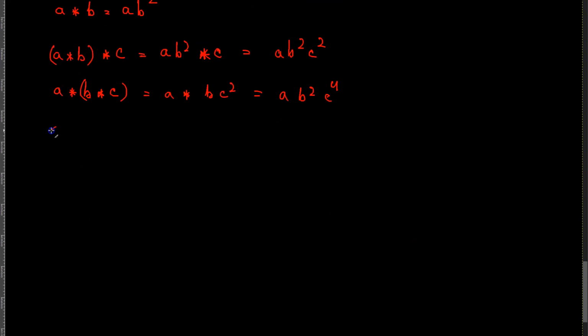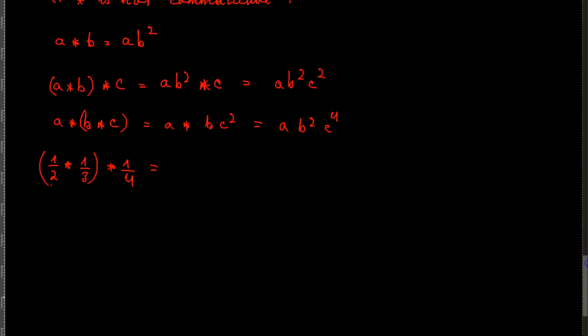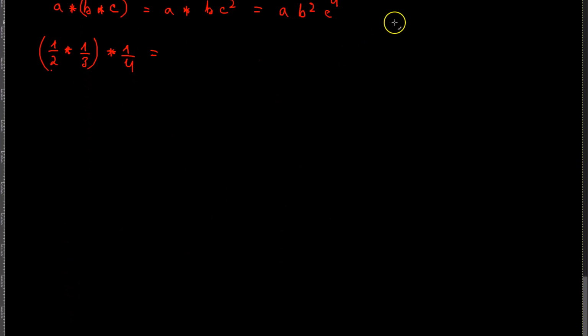So let's say that you have 1/2 star 1/3 star 1/4. Over here we said that A star B is equal to AB squared.